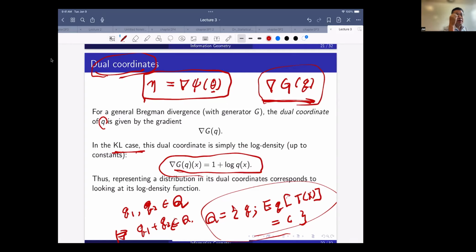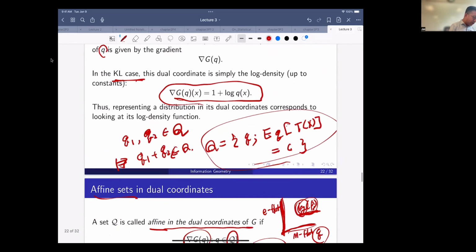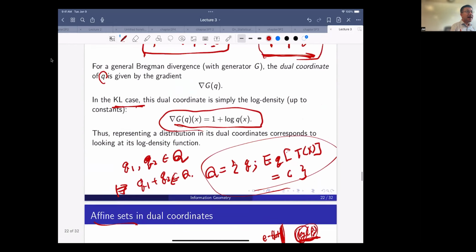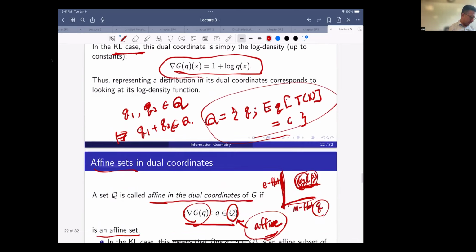The derivative is 1 plus rho cube, but the one is just a constant, so we drop it. We now generalize it for general G. Basically, we want to create a flat with respect to this transformation. That is the main thing.